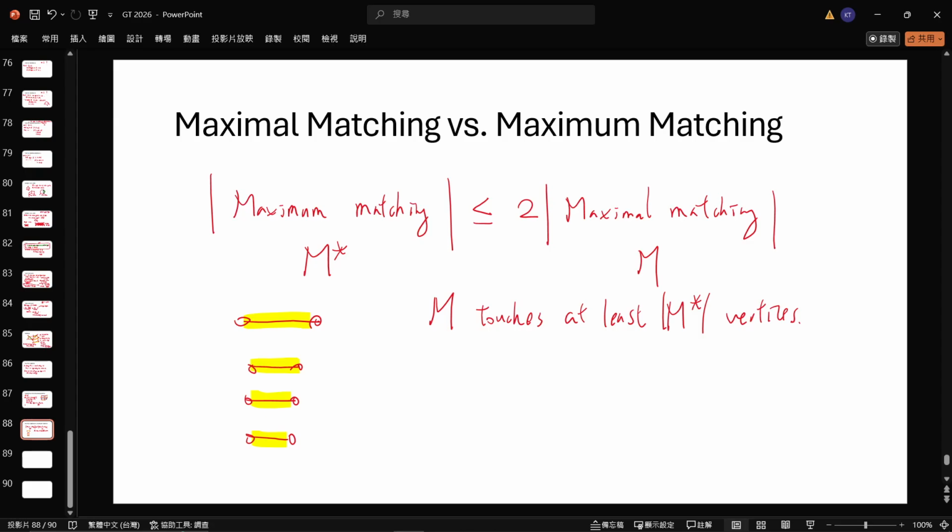So back to our previous example where the maximum matching has 10. So if it has 10 edges, we know that the matching can touch at least 10 vertices. Okay?